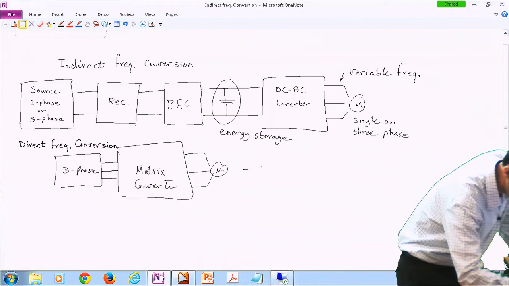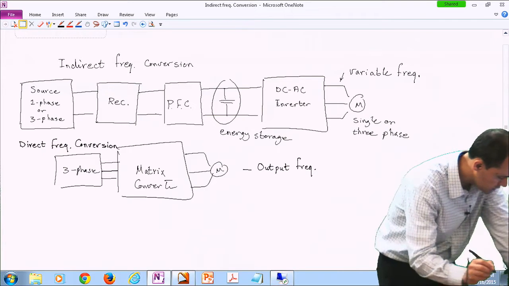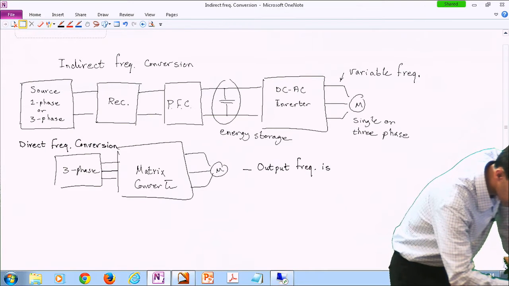So one note is that the output frequency is variable, and we are going to see that.